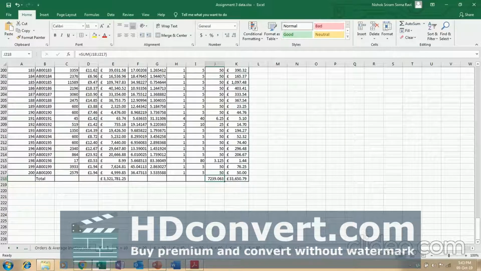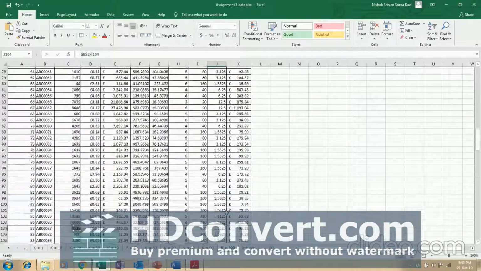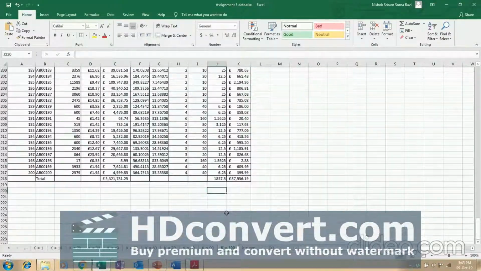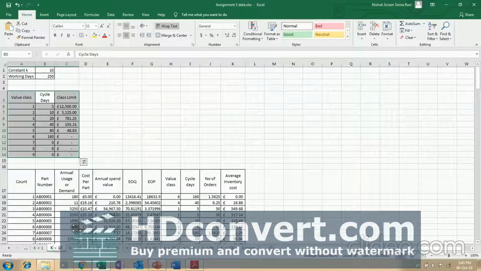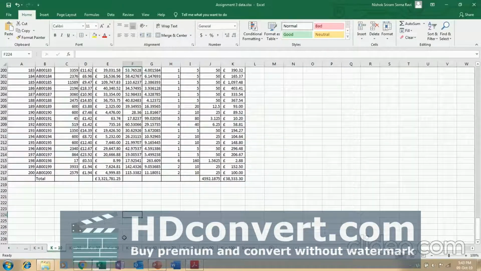And for the last, K being 100, the number of orders is 1,837 and the average inventory cost is 87,956. So here we can conclude that with an increase in K value, the number of orders decreases, but the average inventory cost increases.